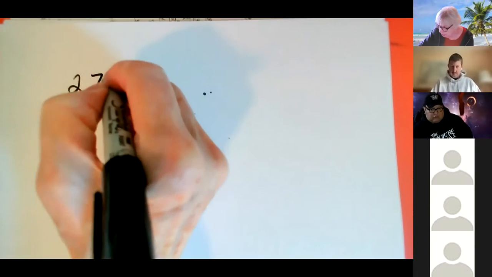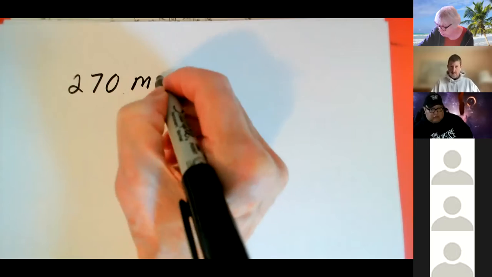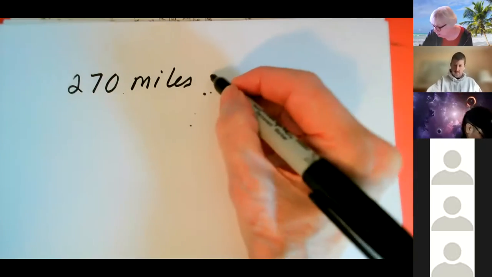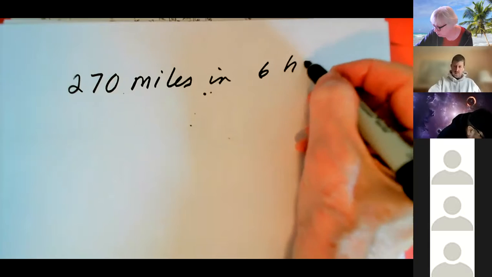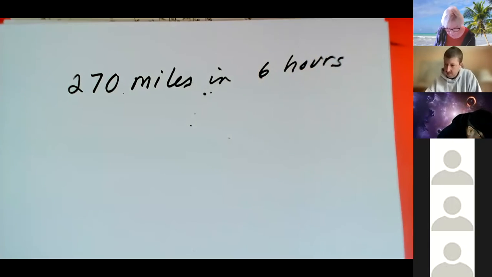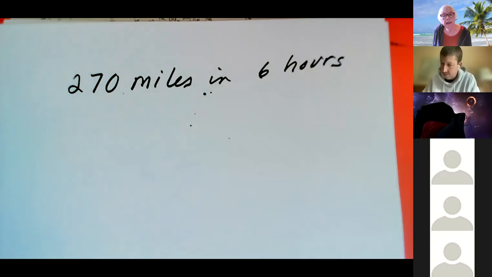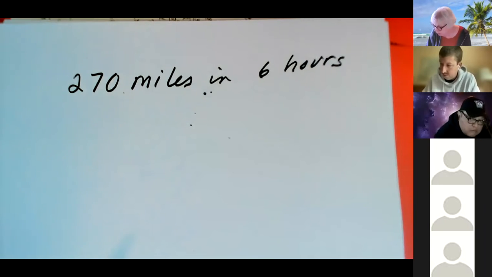So here's our first problem. A woman drives 270 miles in 6 hours. Okay. If she continues at the same rate, listen to the word rate, how far will she go in 10 hours?